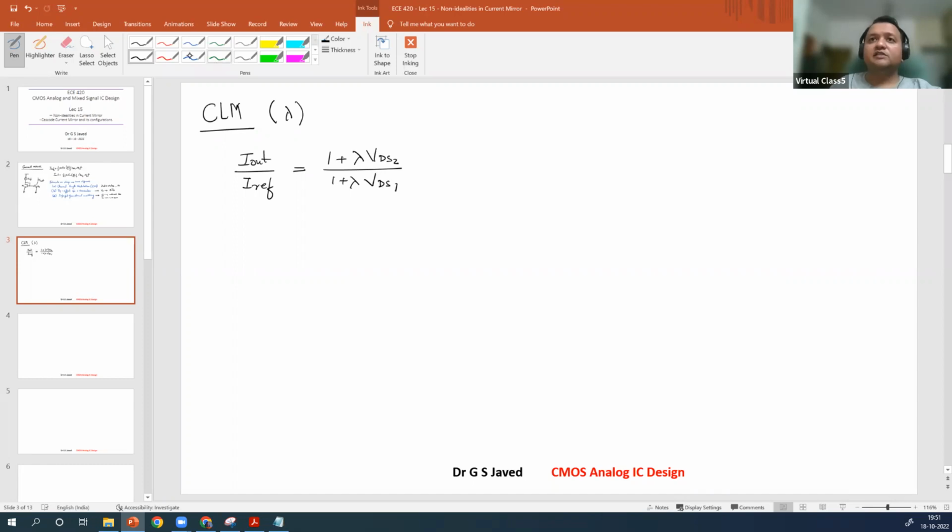Now what is the first assumption here? The first assumption is lambda is the same for both M1 and M2. Second assumption, we see that only an apparent difference is coming between VDS, so only the VDS difference, which causes a deviation.